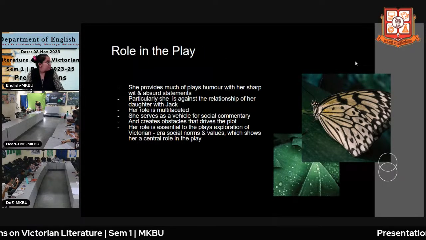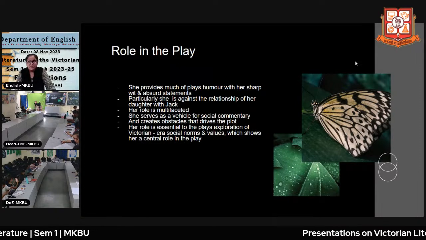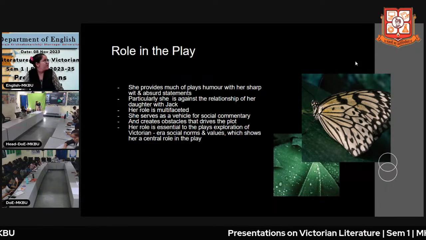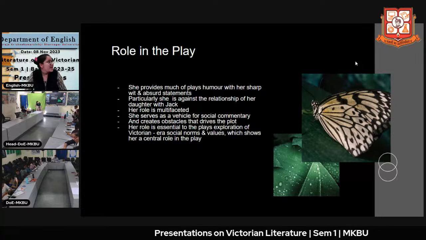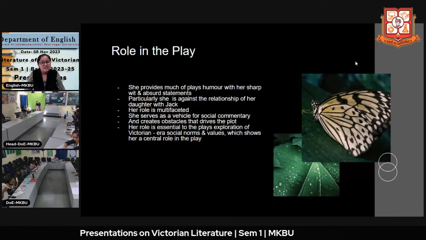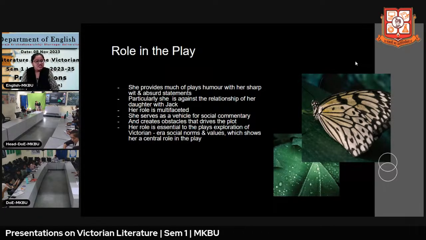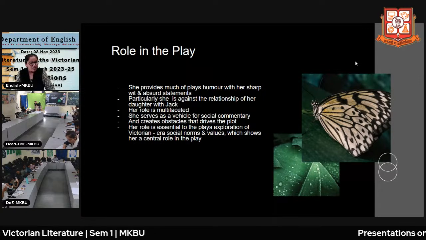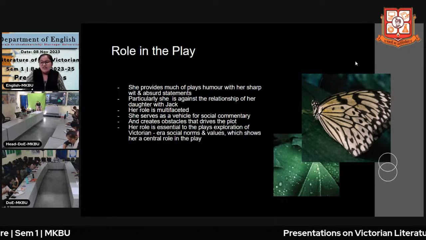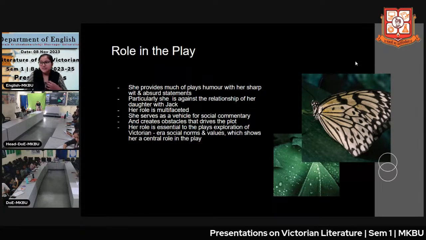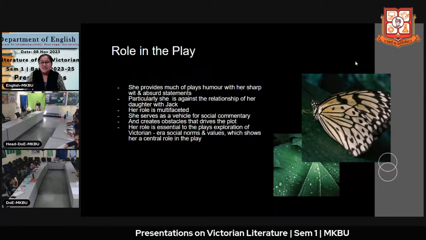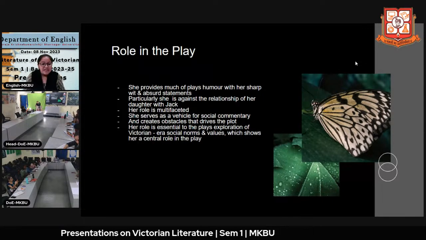Her role in the play: she provides much of the play's humor with her sharp wit and absurd statements. Particularly, she is against the relationship of her daughter with Jack, where she creates trouble and tension in the story.